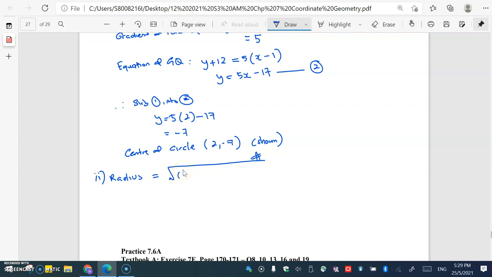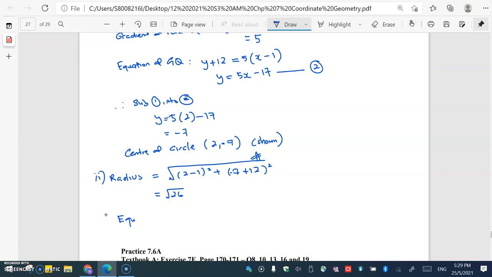So I can have (2 - 1) squared plus (-7 minus negative 12) squared, which gives me 1 plus 25. So that gives me a radius of square root 26.